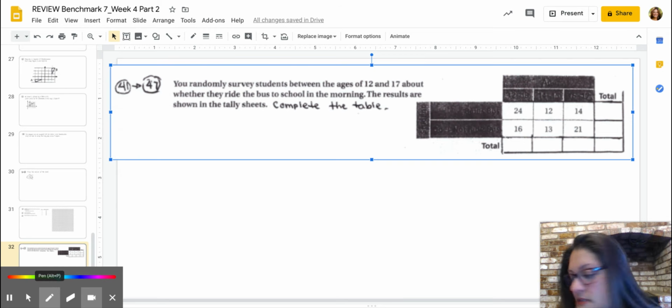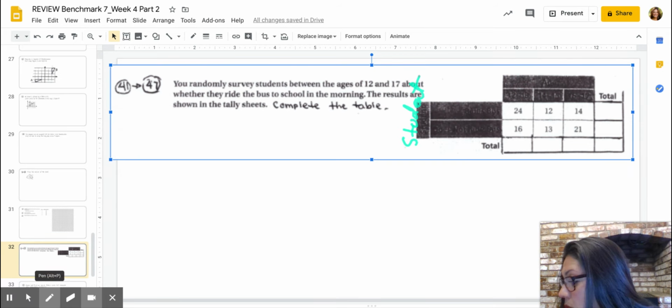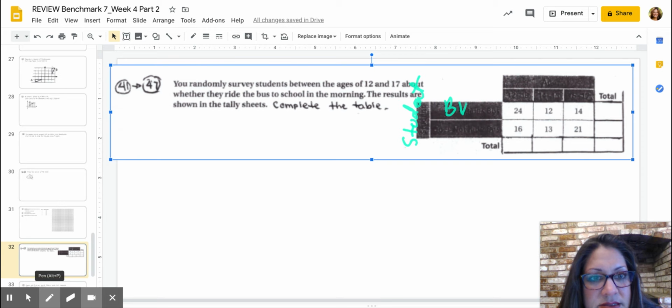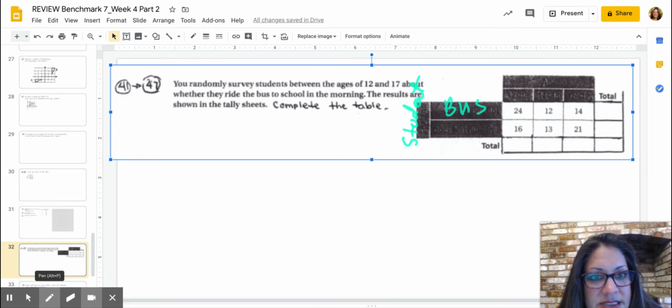This box here says students. And I think this says rides the bus, does ride the bus. So we're going to say bus. And then this bottom one says does not ride the bus. So we're going to say no bus.